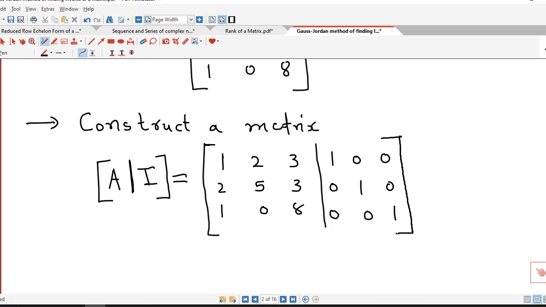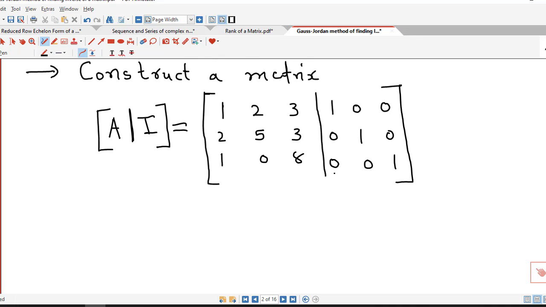So the first step is to construct a new matrix in this way, the matrix capital A with identity matrix of the same size. Now we have to convert this matrix into reduced row echelon form.